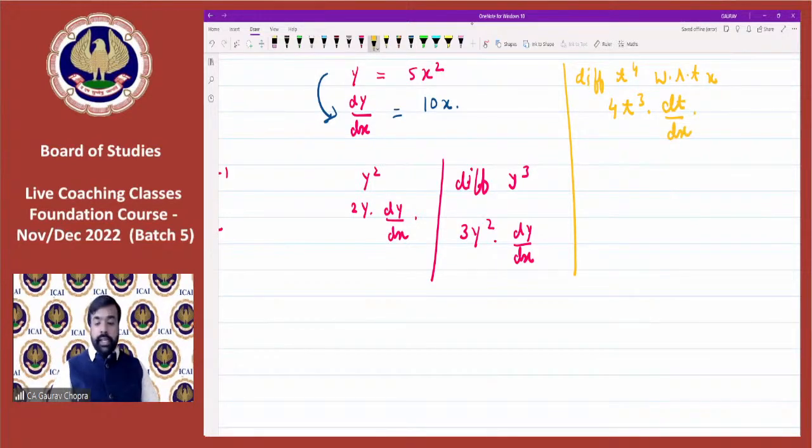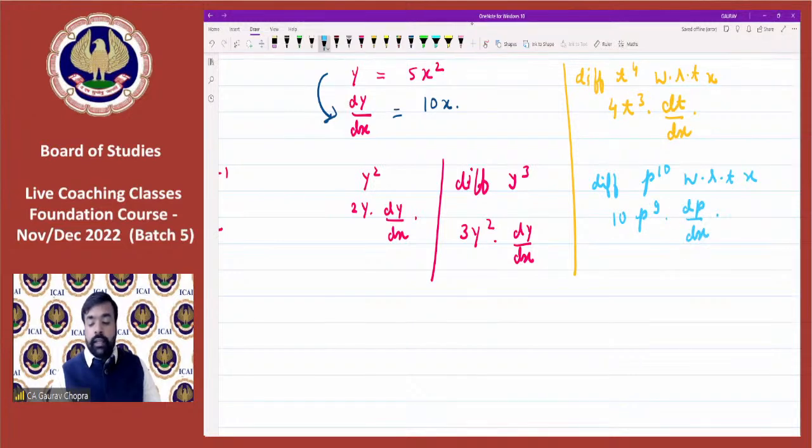Similarly, if we have to differentiate t to the power of 10 with respect to x, then what will happen? 10 t to the power of 9 and then dt by dx. So this is the method. Whenever two variables are there, we have to be a bit careful and solve in this manner.